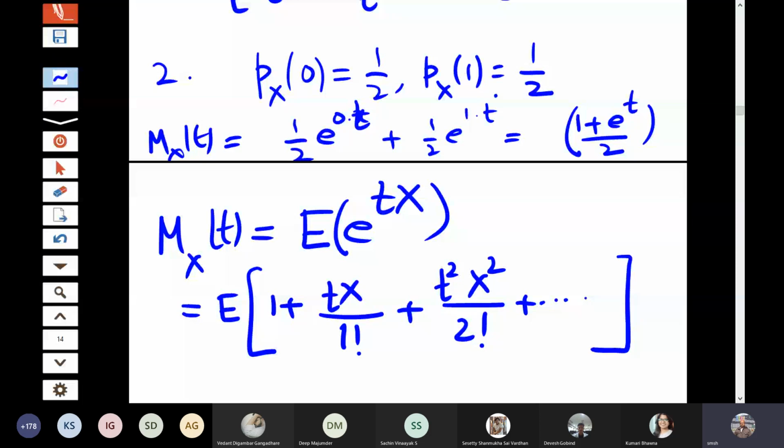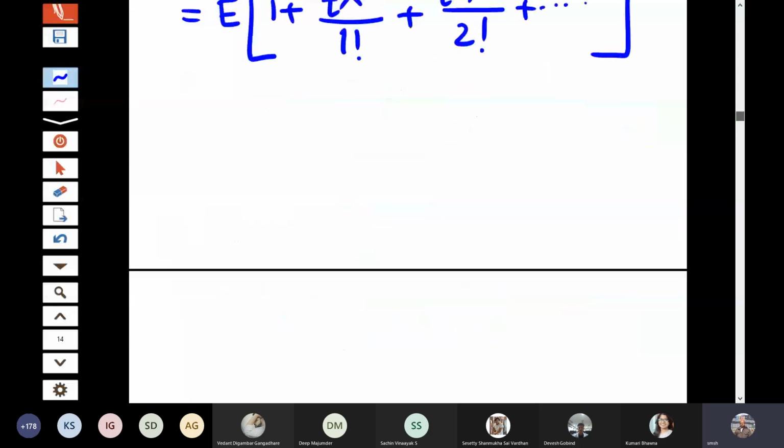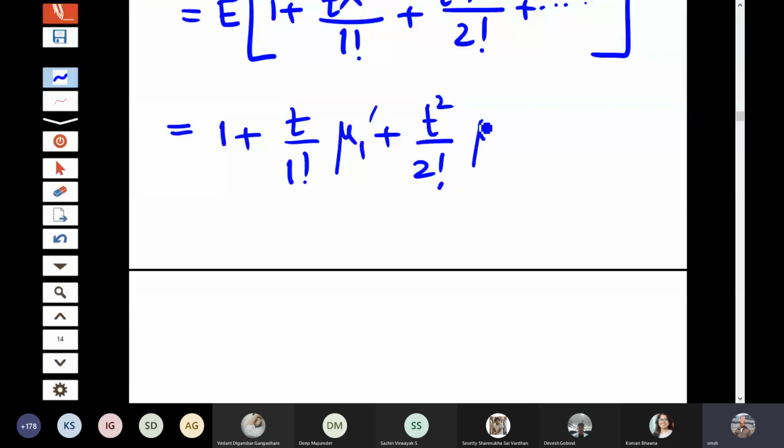If we assume that this function exists, then I can apply the expectation term by term because expectation is a linear function. So this becomes 1 plus t by 1 factorial mu 1 prime plus t square by 2 factorial mu 2 prime and so on. So you are getting a power series and the coefficients of the power series involve the moments.